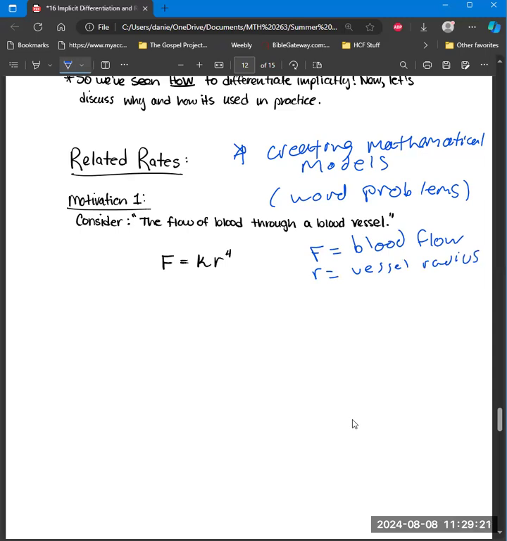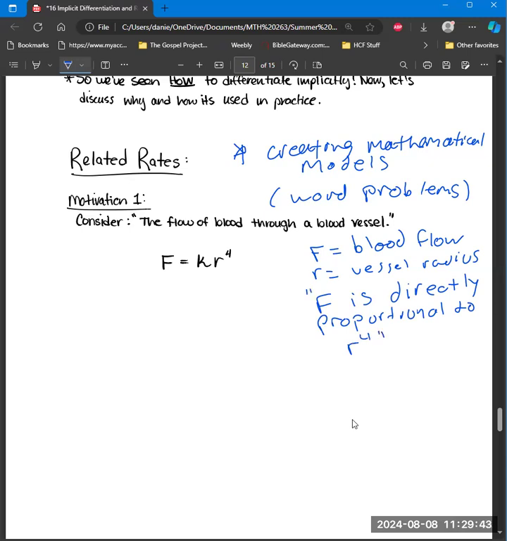And F is directly related or directly proportional to R to the fourth.